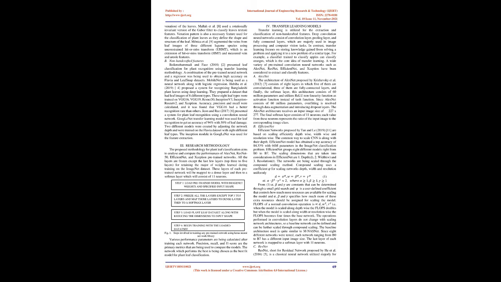Venation pattern is also a necessary feature used for the classification of plant leaves as they define the shape and structure of the leaf. Monica et al. segmented the veins from leaf images of 3 different legume species using unconstrained hit or miss transform, UHMT, which is an extension of hit or miss transform, HMT, and measured vein and areolae features.